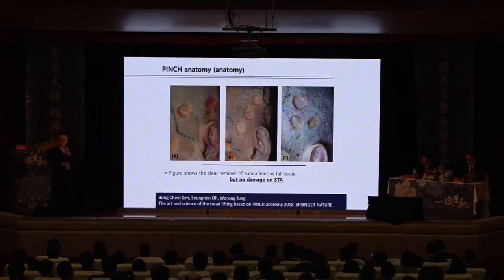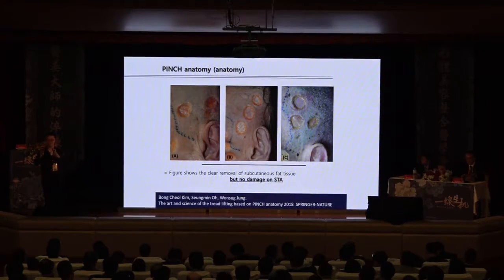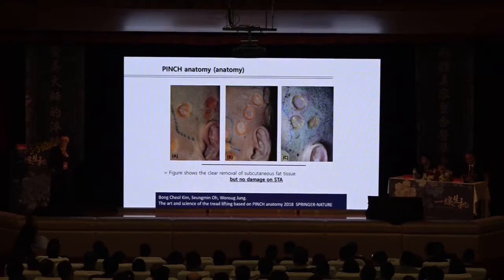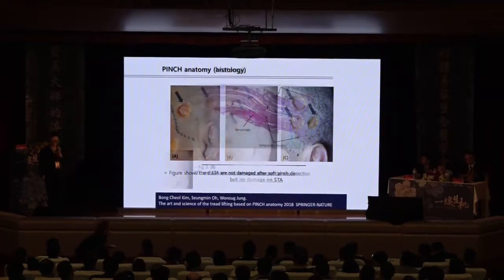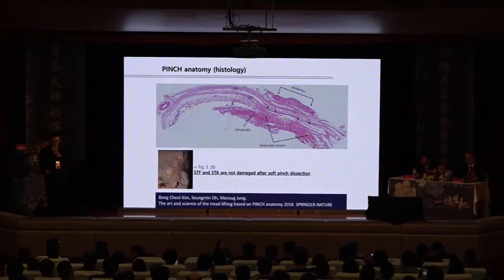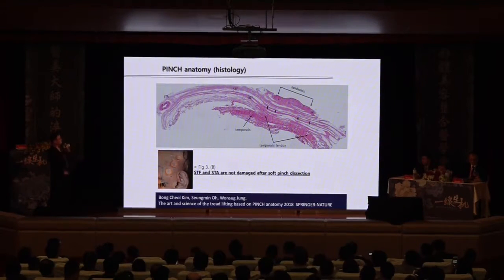Though it is encapsulated by the superficial temporal fascia, its space is the subcutaneous fat layer, which is protruded. But when we do the pinch and cut, the vessel is not damaged. You can see on the left side that the STA, the superficial temporal artery, is not damaged, and the STF is also intact.